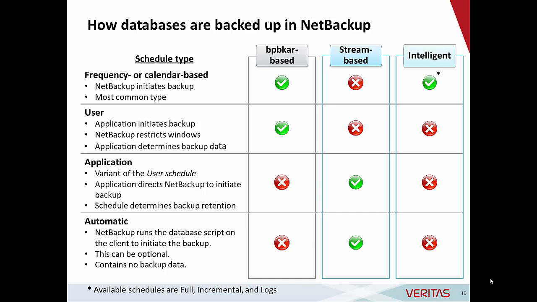They're a client-requested backup. The automatic schedules are a special method for allowing NetBackup to invoke this activity. Now, the intelligent policies will use regular frequency or calendar-based schedules, so they'll be more like the BPBKAR-based agents, the only difference being that they don't currently support client-requested backups.